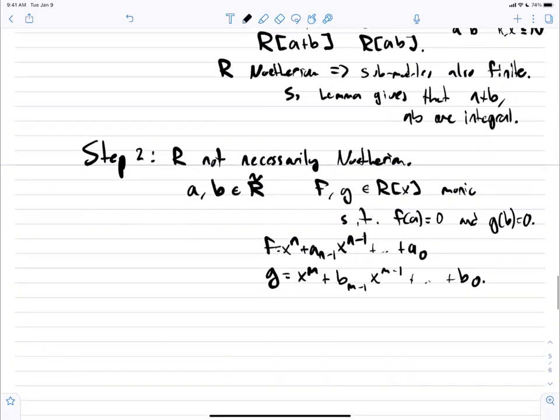The point is that inside of R, I have the subring generated by these coefficients. So I can look at the subring over Z generated by a_0, a_1, up to a_{n-1}, and b_0, b_1, up to b_{m-1}.